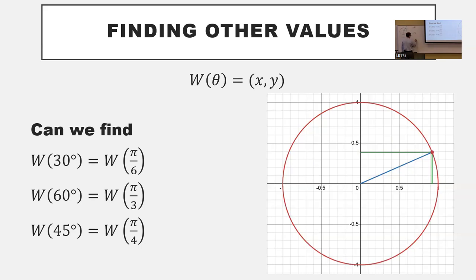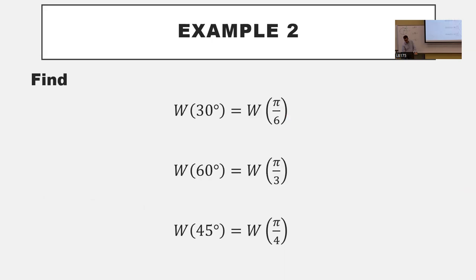I'll just write everything in radians on the board. So could we find the wrapping function of those three angles that we said are going to be important for the unit circle?